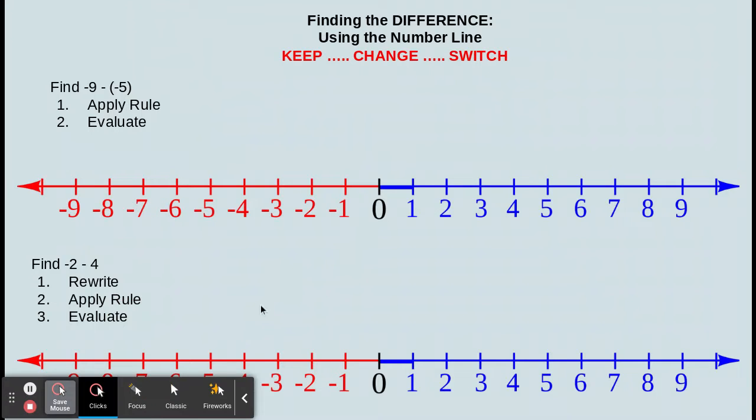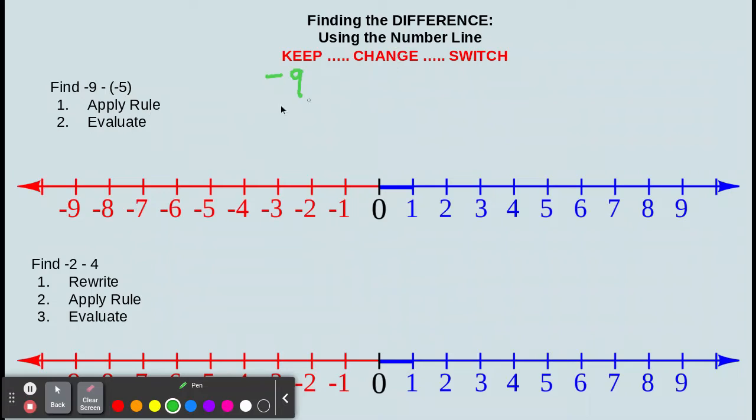In these first two, we are going to use the number line. Remember, I said for subtraction problems, or finding the difference, we need to apply this rule: keep, change, switch. That means we're going to keep our first integer the same.